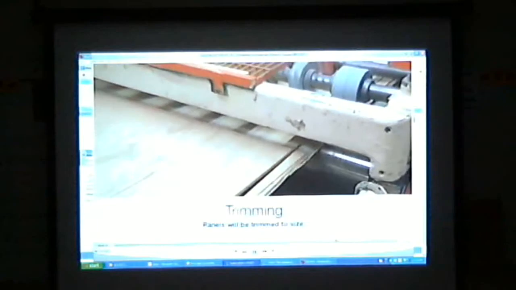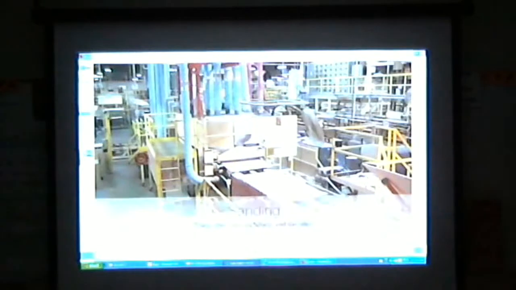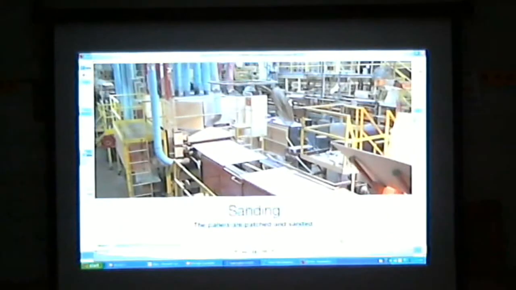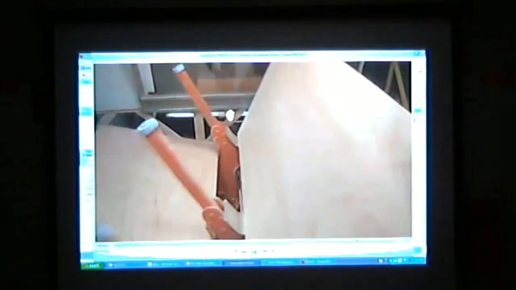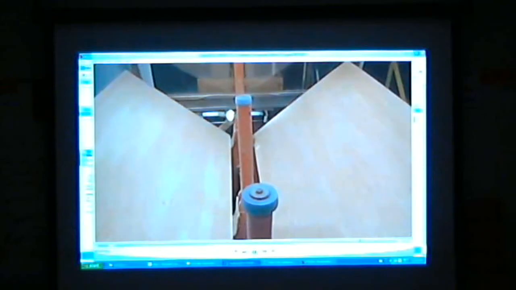So here's where they're actually cutting it to the final 4 foot by 8 foot standing saw. This guy here would probably be making more money than the people stacking those cores, because he's in charge of quality control.